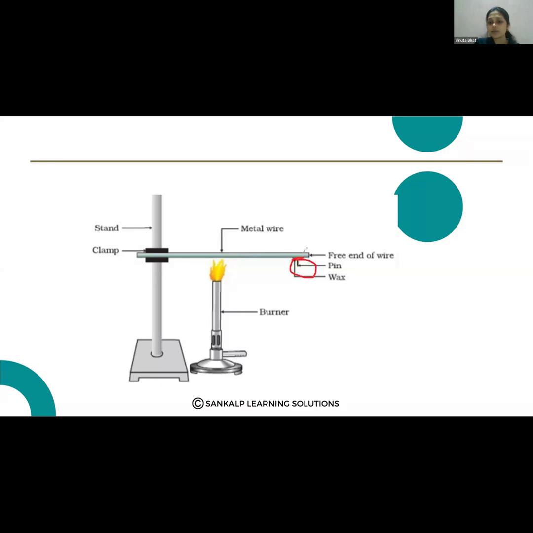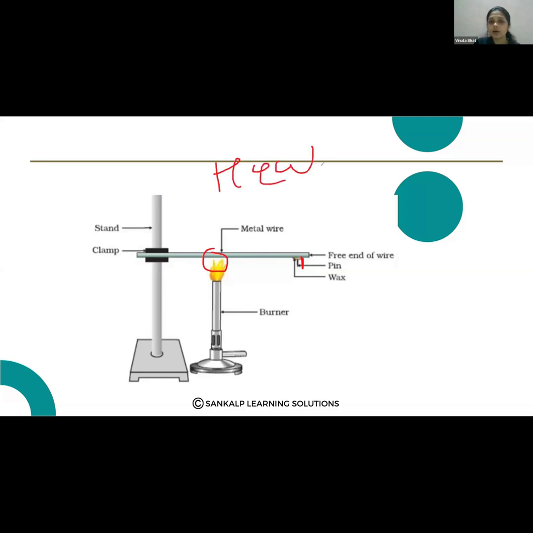Very good. If you observe after some time, you can observe the pin that is heated, right? If you touch this end, that is also heated. So what we can observe here is the conduction of heat. You have heated the wire here, but the pin joined at one end is heated. So here we can see metal is a good conductor of heat.